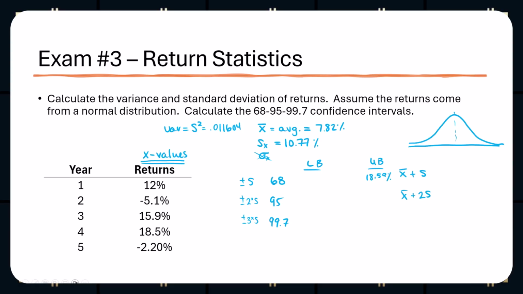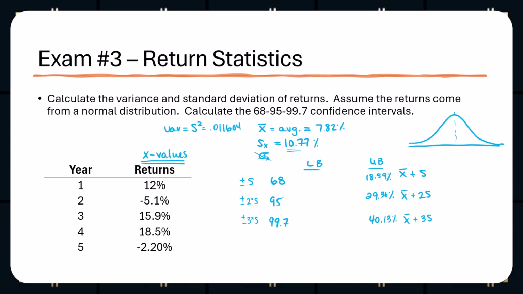Here's a cool trick: all you have to do is add another standard deviation to that upper bound, and I find that this upper bound is 29.36%. I took this 18.59 and simply added another 10.77%. Last but not least, to do 3 standard deviations, I'm just going to add another 10.77 to this number, and I find that the upper bound is 40.13%.